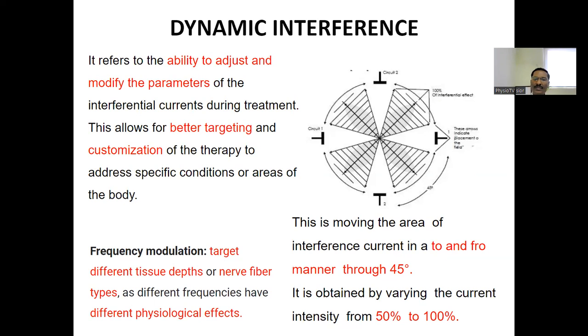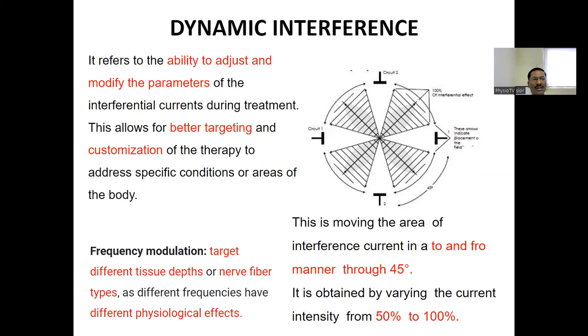Here we generally have 45 degrees and 90 degrees interference. There is a moving area in a to-and-fro manner, either 45 or 90 degrees, which is again machine based. Some machines have this option and some do not, which makes 50 to 100% modulation.